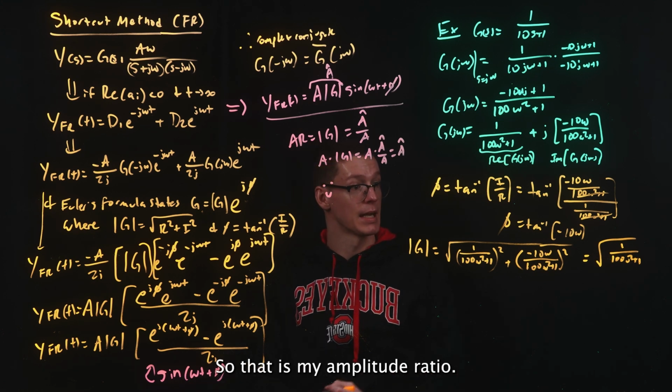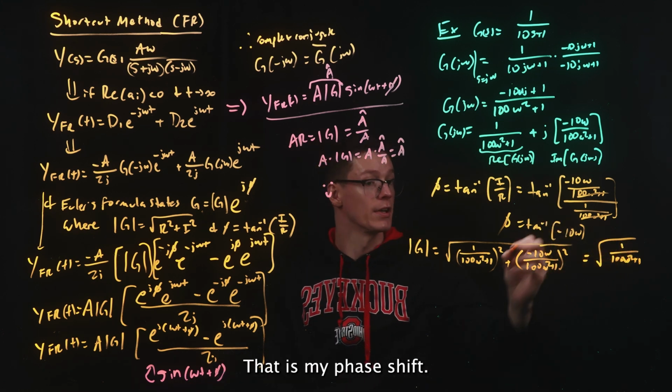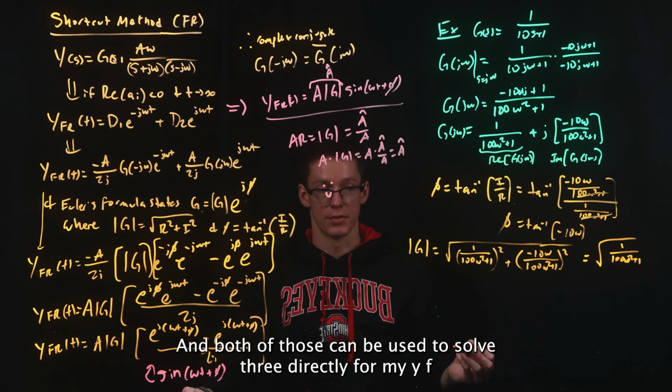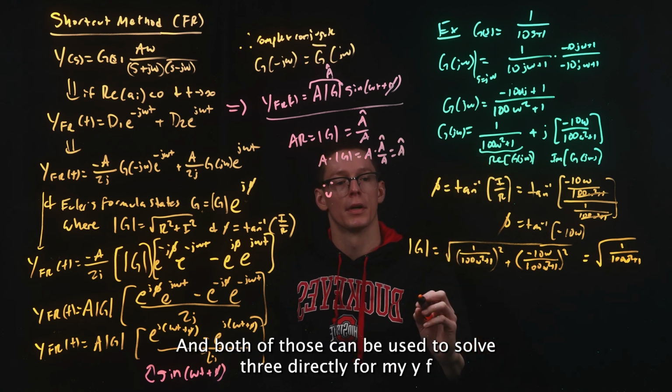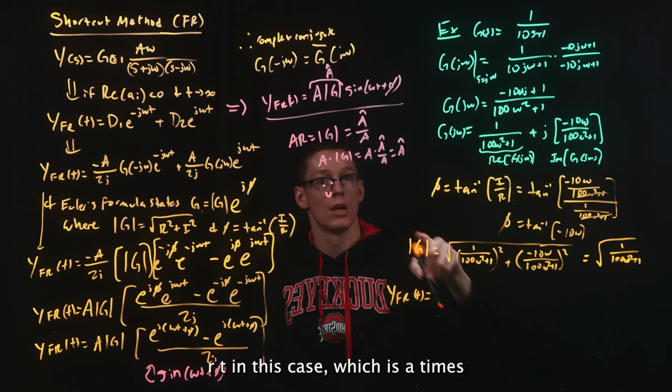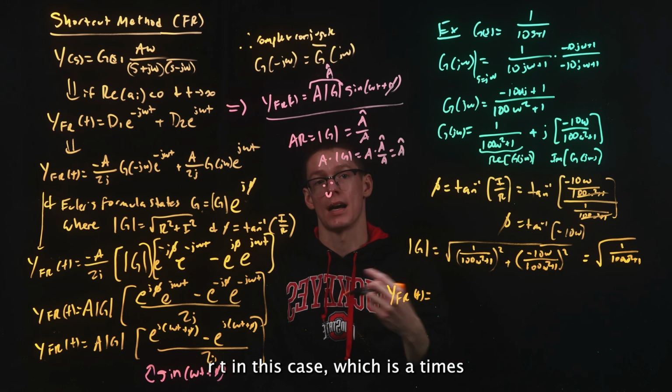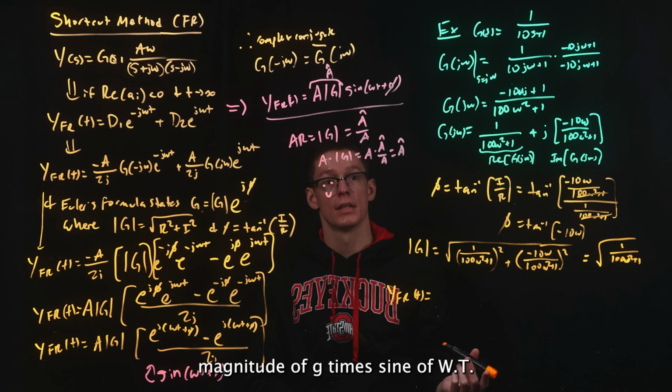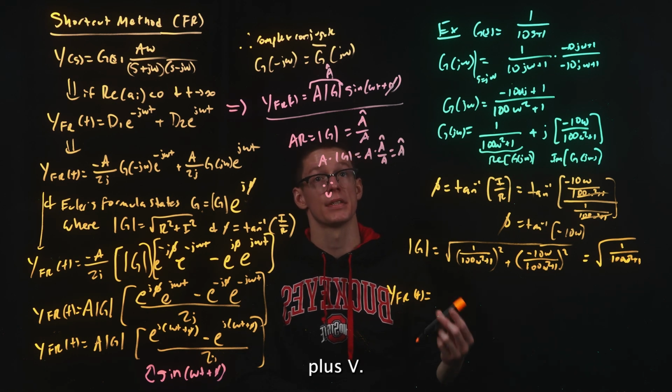So that is my amplitude ratio. That is my phase shift. And both of those can be used to solve through directly for my y, f r of t, in this case, which is a times magnitude of g times sine of wt plus phi.